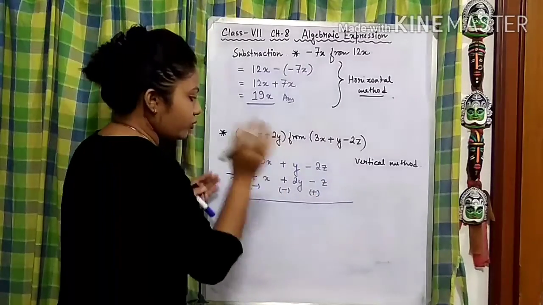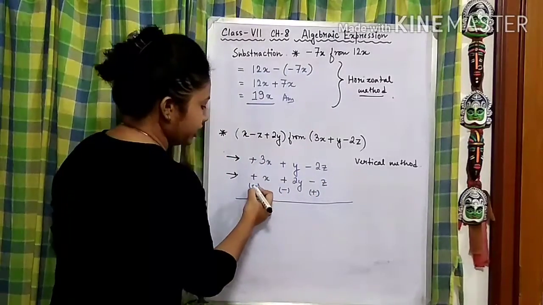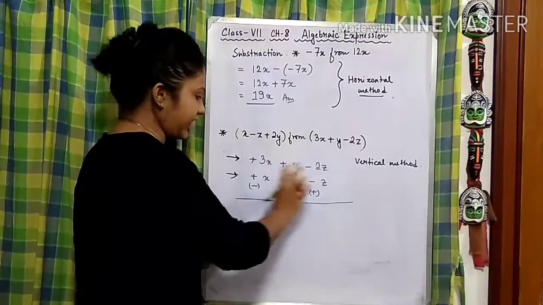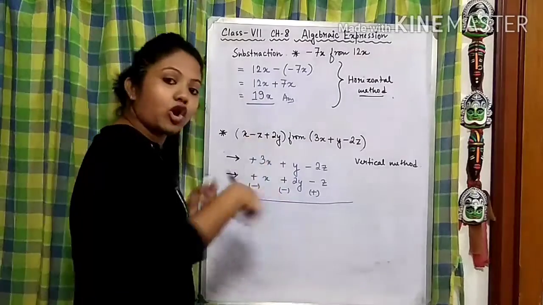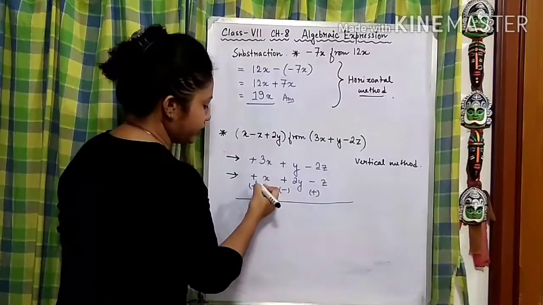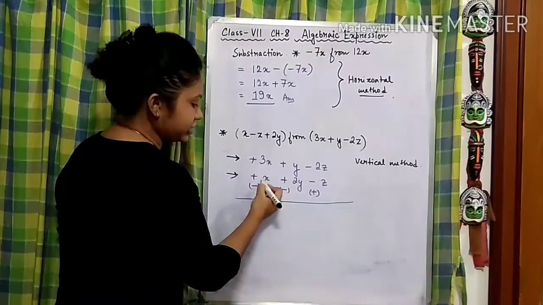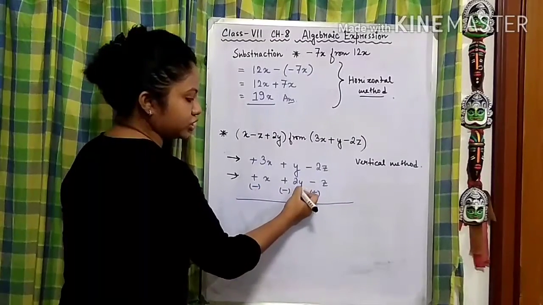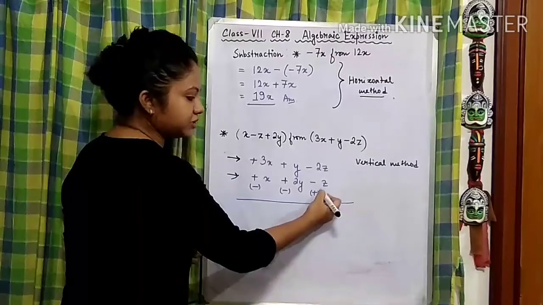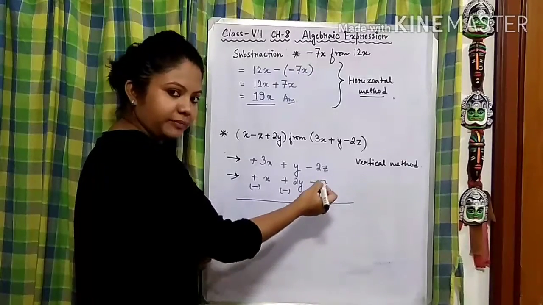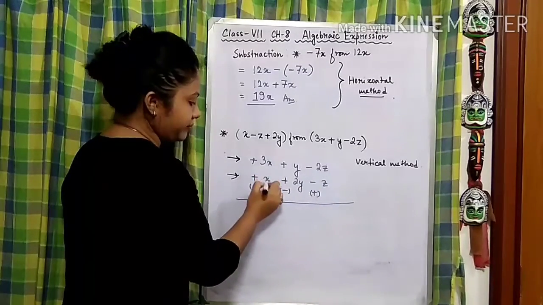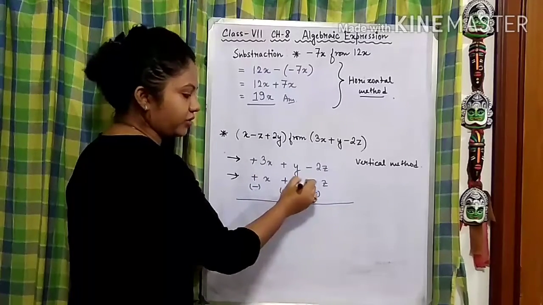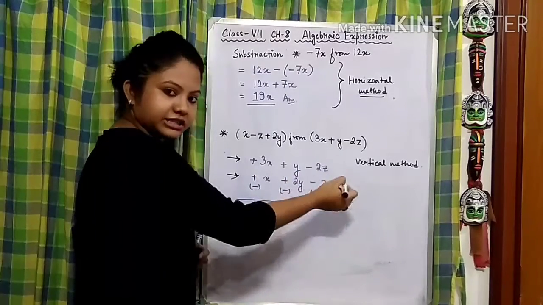Now what is the difference? Below the sign of the last expression, we put the opposite sign. For that reason I have put a minus below the plus x, a minus below the plus 2y, and a plus below minus z. So we consider this as minus x, minus 2y and plus z.